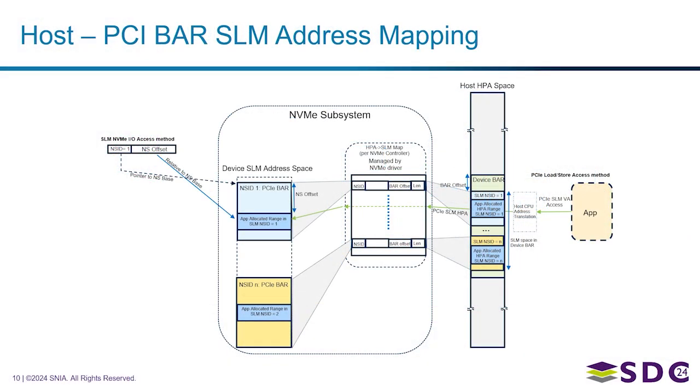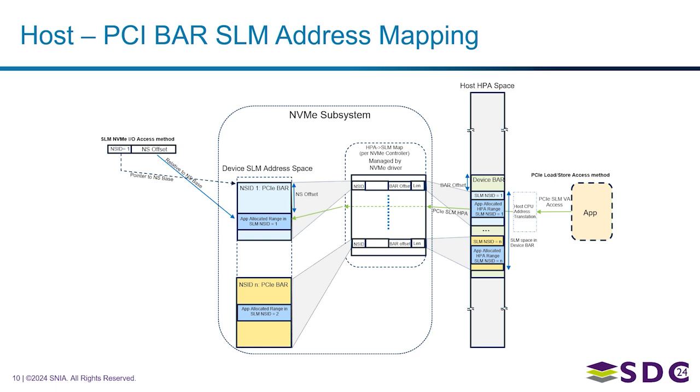It's very similar to the last slide, except now instead of using the HDM, we're using the bar. You will see on this particular slide, however, that we've shown that you may have multiple namespaces.